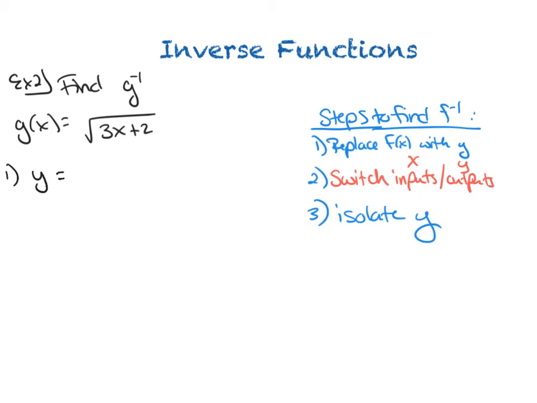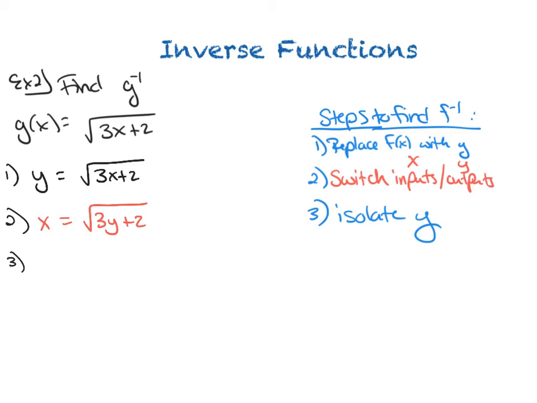So y equals the square root of 3x plus 2. That most important step of switching the x's and the y's makes this x equals the square root of 3y plus 2. And even though that was the most important step, it wasn't the most difficult. The most difficult is isolating this new y.